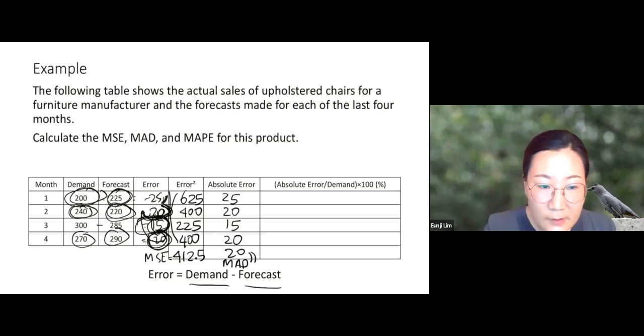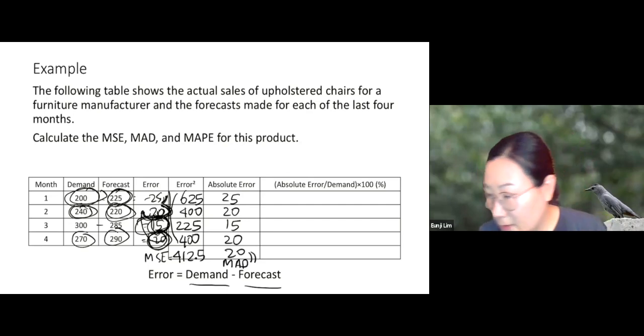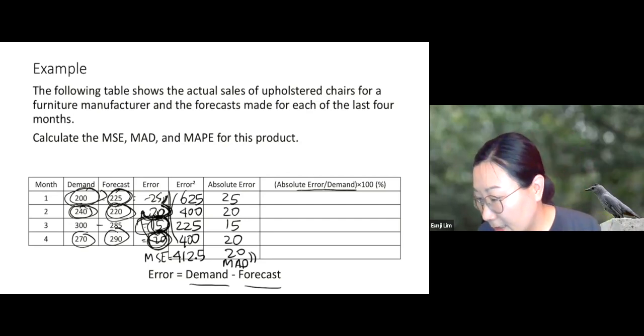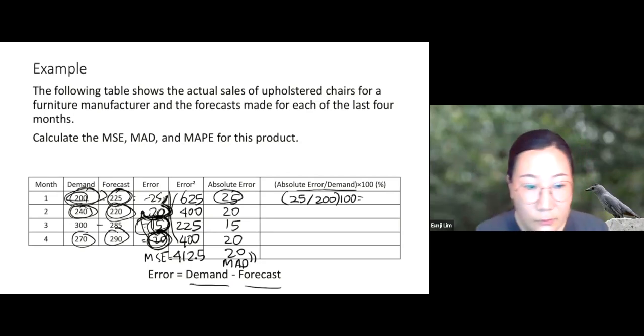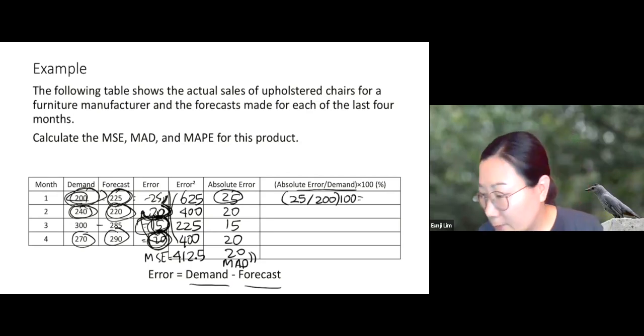And the last quantity is the absolute error over demand times 100. What's the absolute error? 25 over demand. Demand is 200. Times 100, you get 12.5%. Then you can repeat this for the rest of the months.